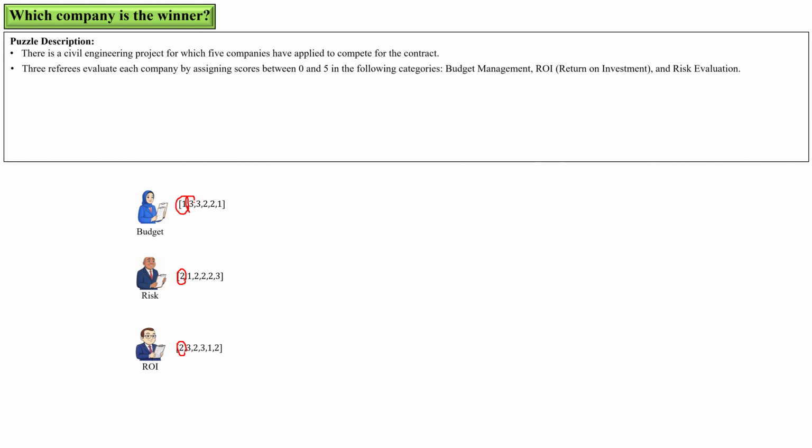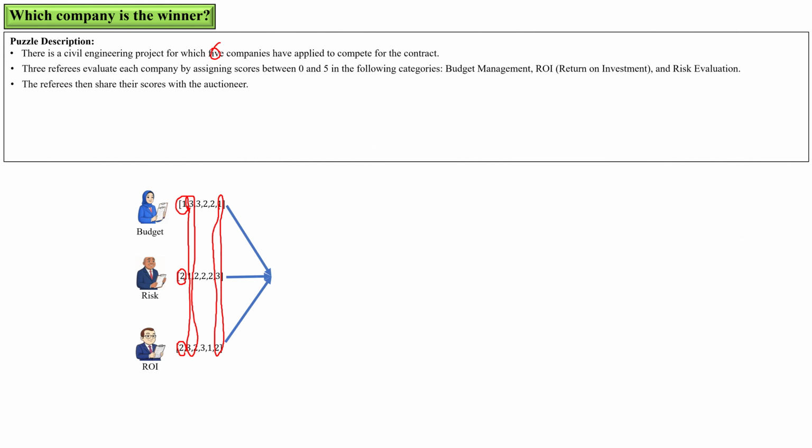So these values are for the second company, right? So the 3, 4, 5, and 6. So these values are for company number 6, right? So it should be 6 here. So there are 6 companies that apply for the project, and 3 referees are grading the applications.